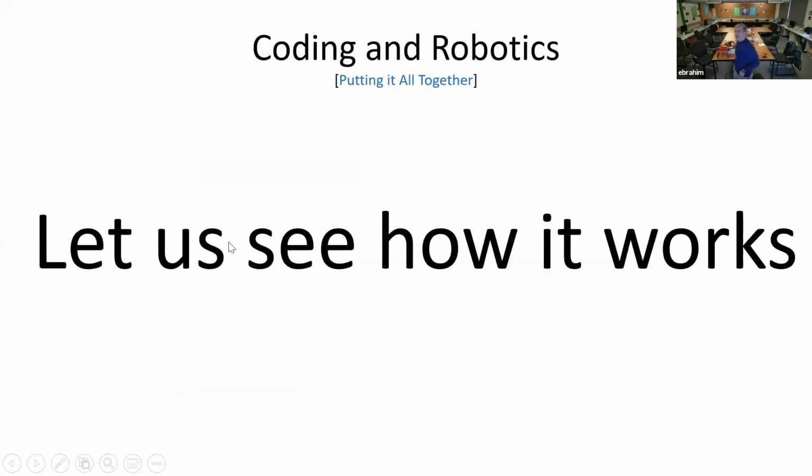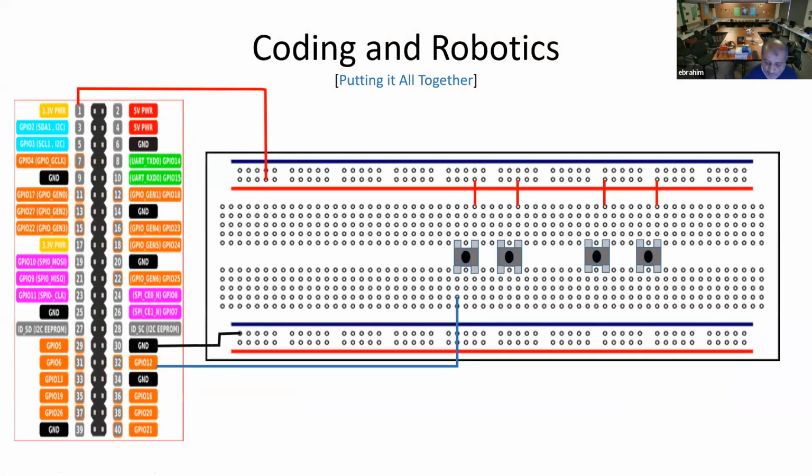So we saw the servo motor working, and we saw how the output of the Python code sitting on the Raspberry Pi was controlling the servo motor. Now we go on to the next part.